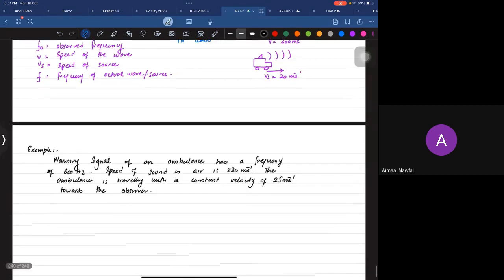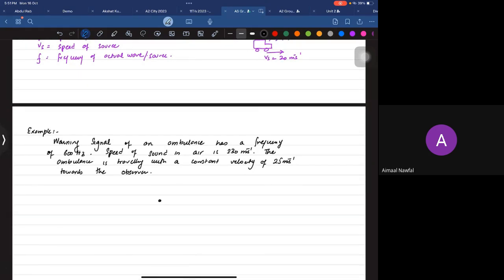They've shown an observer here and the ambulance, and the ambulance basically goes like this. This is the initial position, and this is the final position.